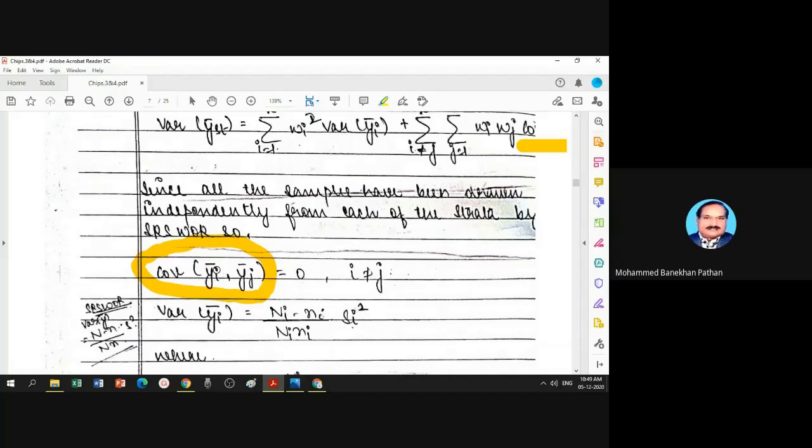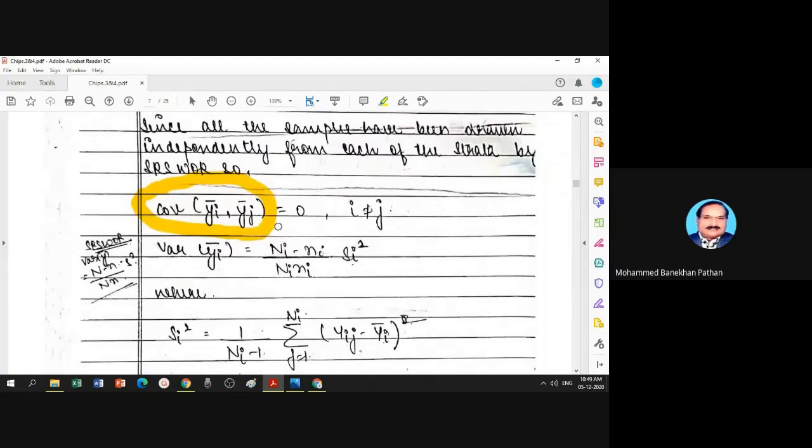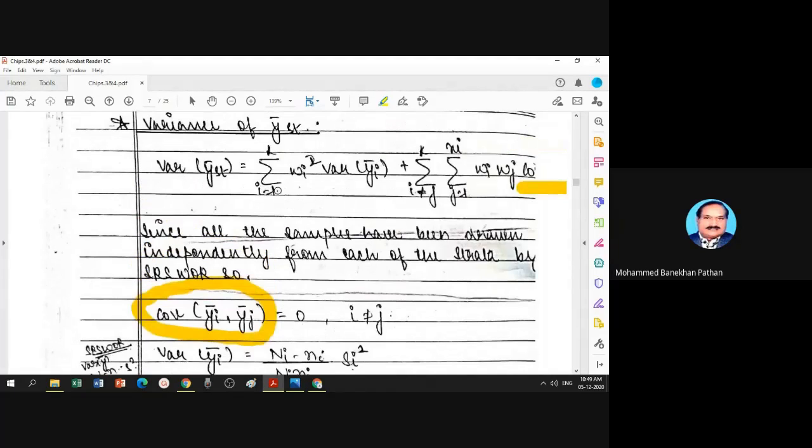So the mean of the ith stratum and the mean of the jth stratum are totally independent. Hence, by your first year result, if x and y are independent, covariance is 0. So this product term is cancelled. So what I get is variance of y bar st equals summation Wi square variance of y bar i dot.